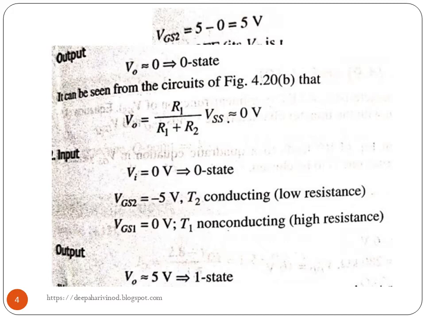When the input is 0, that is the 0 state, VGS2 is minus 5, so it is conducting. VGS1 is 0 volt and it is not conducting, high resistance. The output is 5 volt. So in this way we can explain the CMOS circuit inverter.